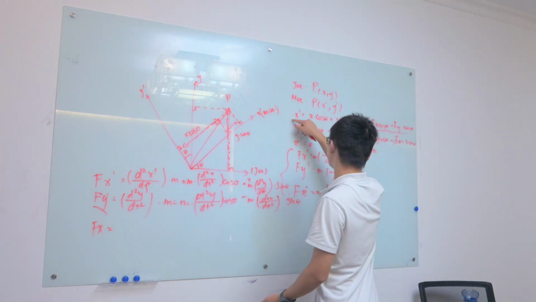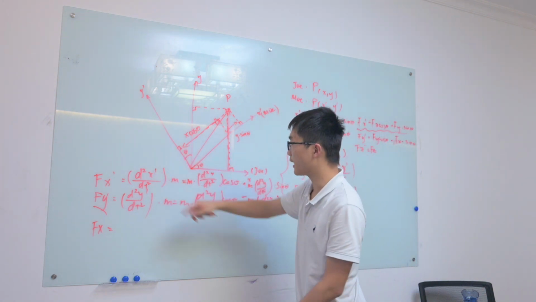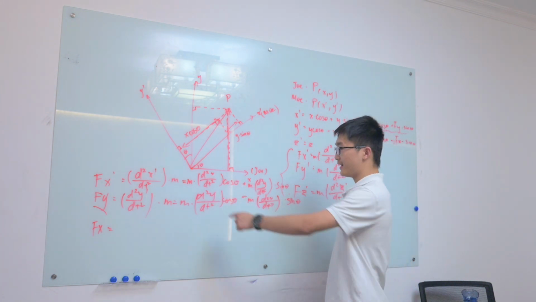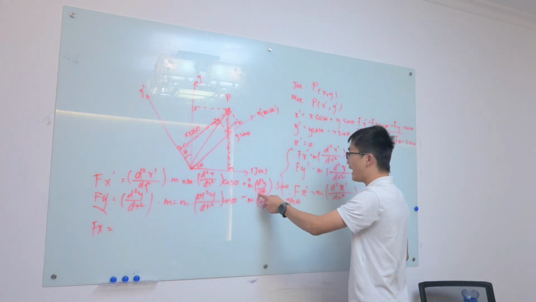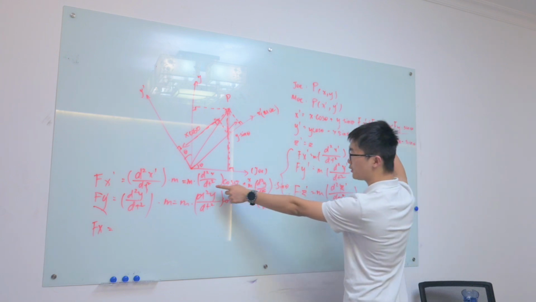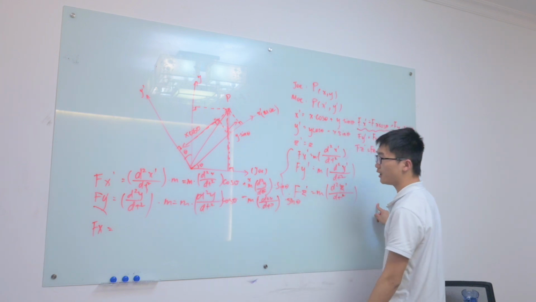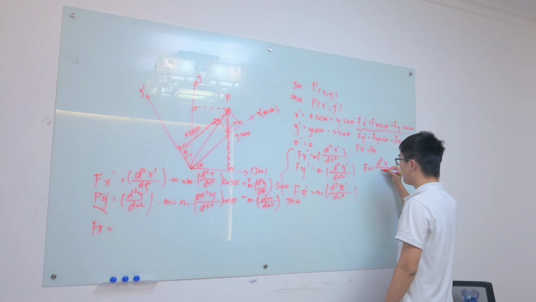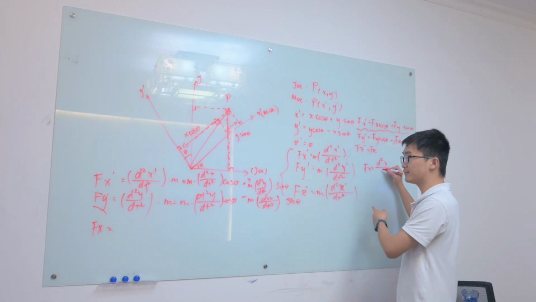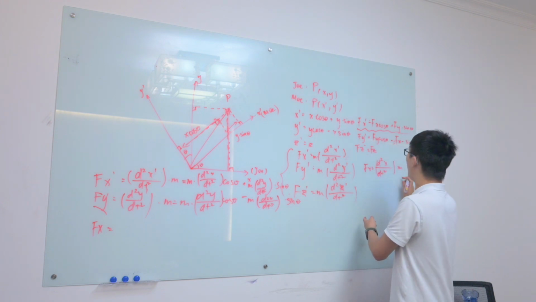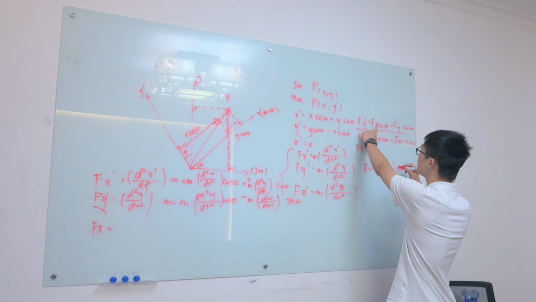So we substitute this part into this part, and according to some basic calculus, it equals this part. Comparing this fx prime and this one, we know that fx equals the second derivative of x over dt squared times m, times cosine theta, and these two will be equal.